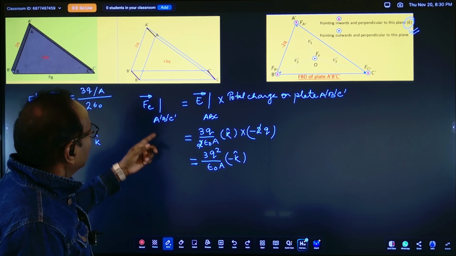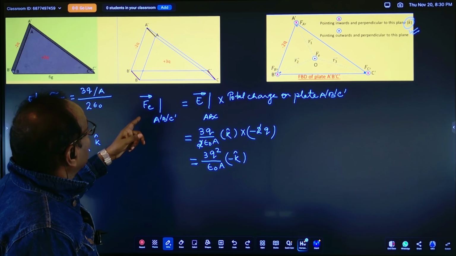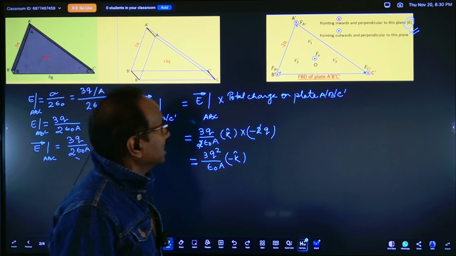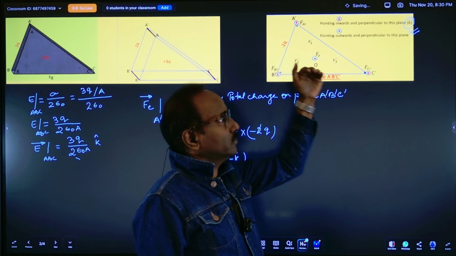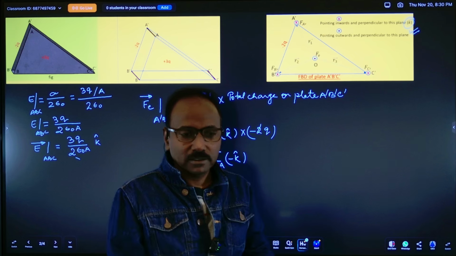So what is this force? This force is saying that on plate A prime, B prime, C prime, the electrostatic force is pulling it towards this direction, which is correct because positive and negative attract.